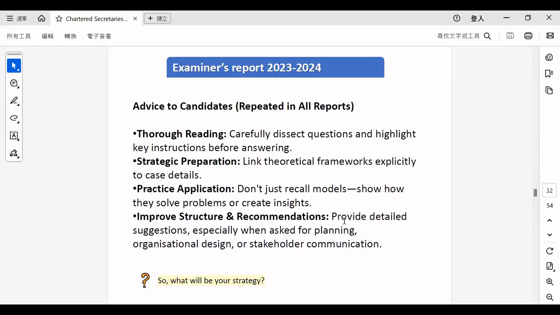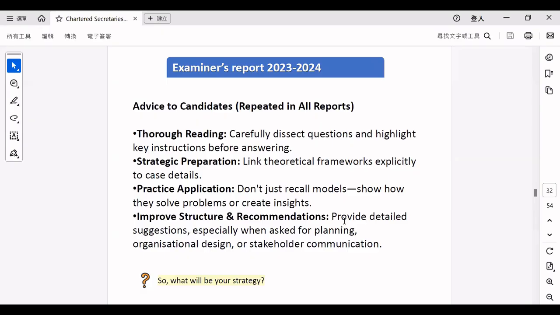So here is some advice to you as a candidate, and it's repeated in all the reports, in the 23 and 24 reports, that you need to read the questions thoroughly. You need to dissect the questions and highlight the key instructions before answering. That's what I've told you earlier.